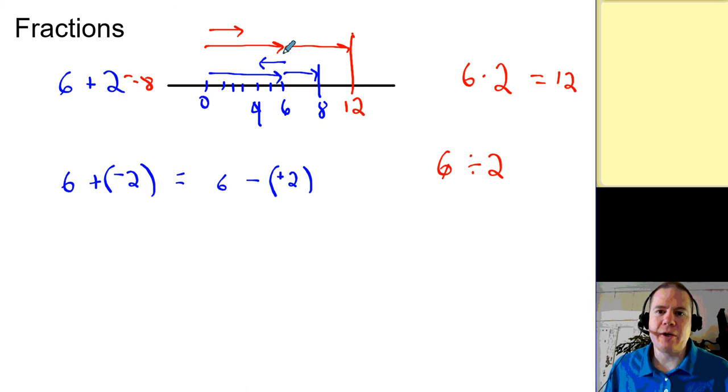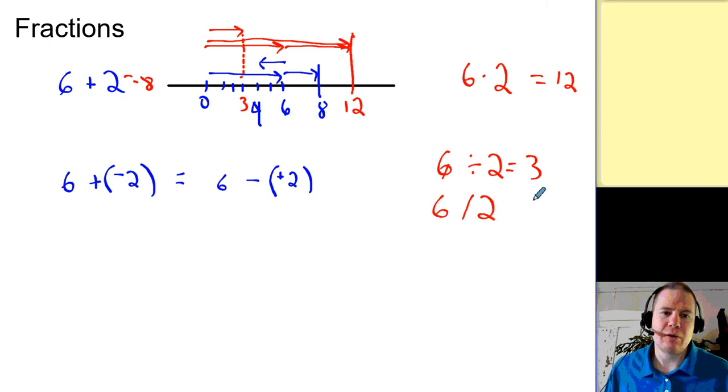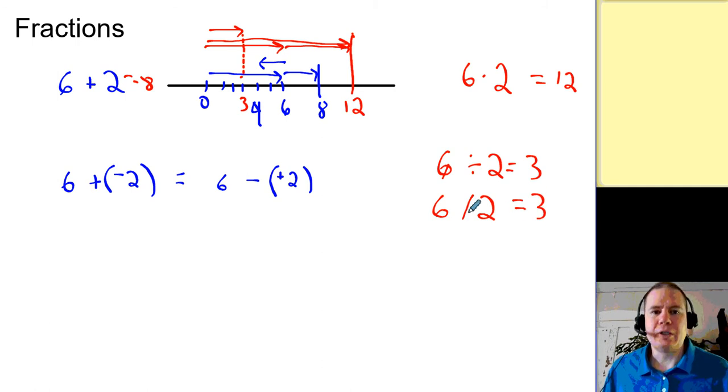I take that big arrow, instead of making a single arrow that's double the size, take that single arrow, make a single arrow that's half the size. And that gets me to 3. So here's my new operation. Instead of multiplication, I have a new operation, whether I use this symbol called an obelus, or I use a slash. That also means division. Division's just making smaller instead of making bigger.